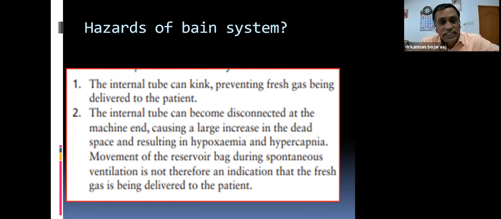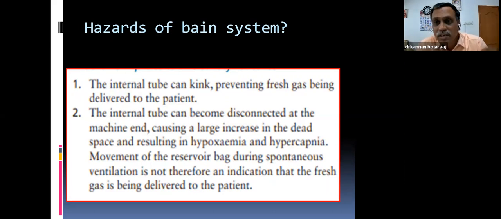There is a large dead space resulting in hypoxemia and hypercarbia. And the movement of the reservoir bag during spontaneous ventilation is therefore not an indication that fresh gas is delivered to the patient. So you have to monitor the patient on spontaneous ventilation. You can monitor this reservoir bag moving during each act of inspiration.